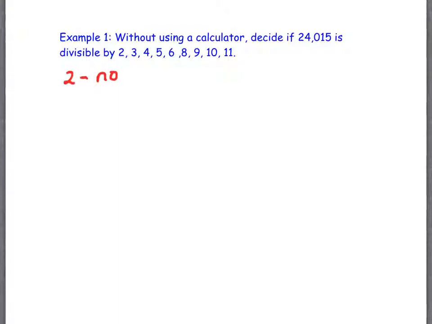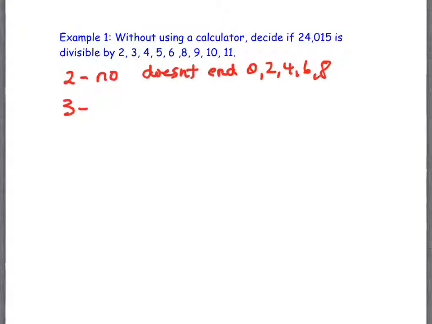No. Why not? Right. It doesn't end in a 0, 2, 4, 6, or 8. And we're just going in order. 3. Is it divisible by 3? How do you know? Yes or no?